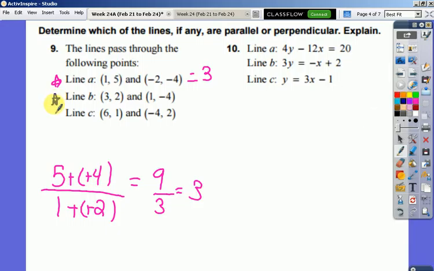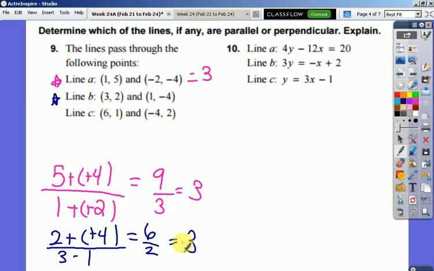For B, let's just do 2 minus -4 over 3 minus 1, yeah? Add, so that's 6 over 2, which is 3. So what do I know about A and B? Which means the slope. So what kind of lines are they? Parallel. Remember, that's the symbol that we use for parallel. That means parallel.